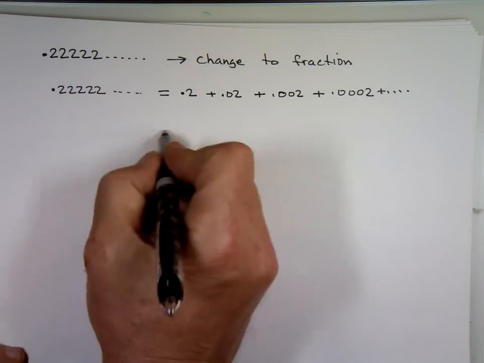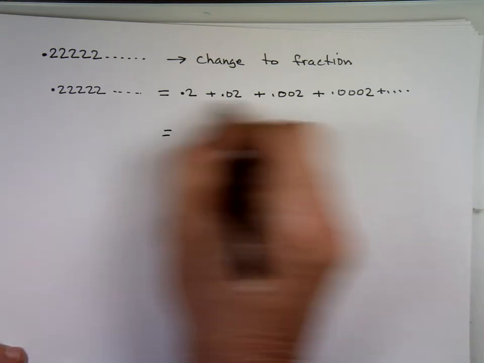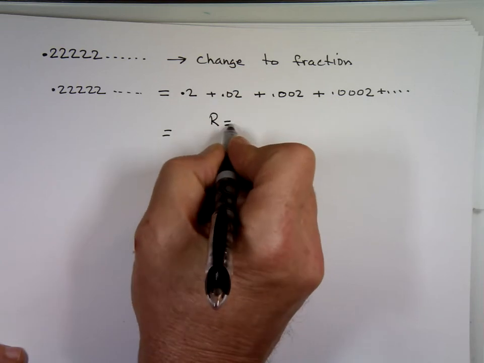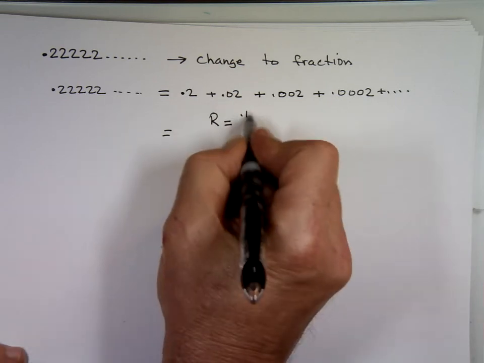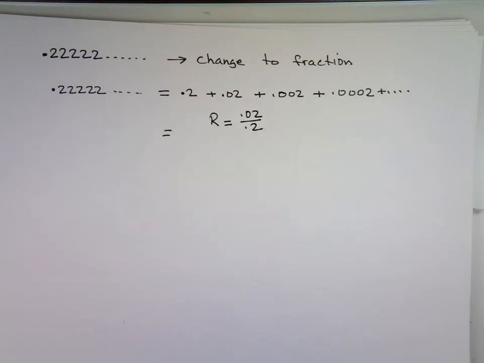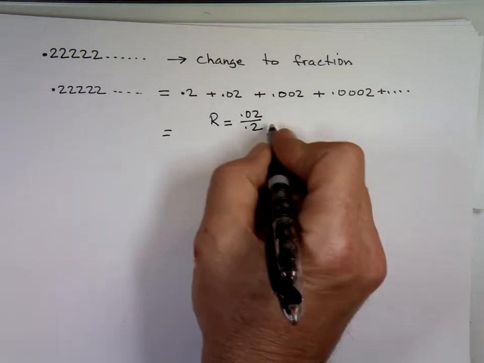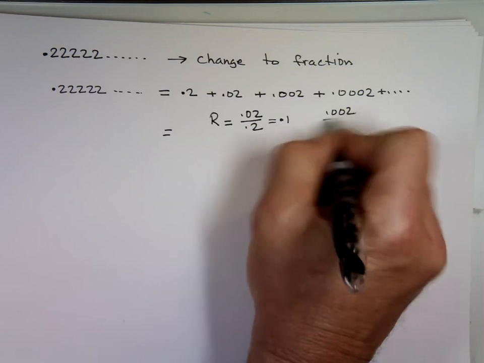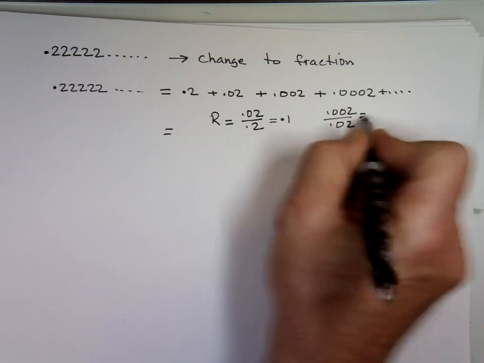Let's look at these numbers. What do you think r equals here? If you take 0.02 and divide it by 0.2, what do you have? 0.1.